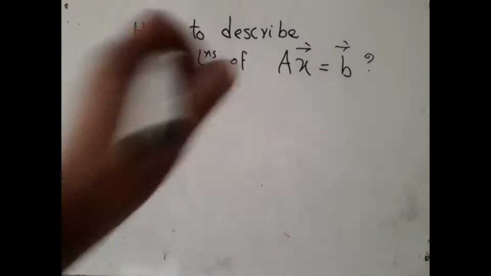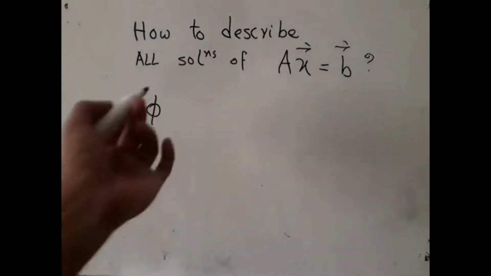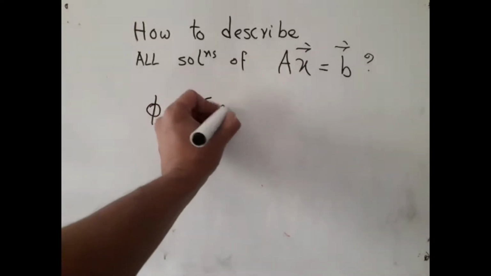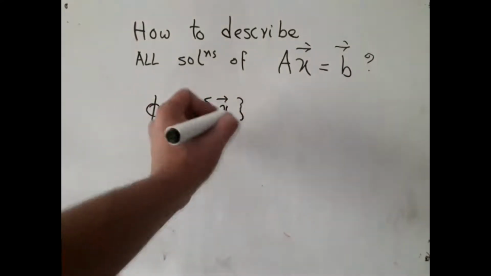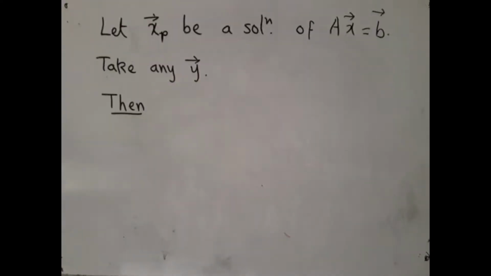If it happens to be uniquely solvable, there is only one solution. In that case, I can just give you that unique solution. What happens if there are infinitely many solutions? Can I somehow describe that infinite set? Turns out that the answer is yes, and quite nice.